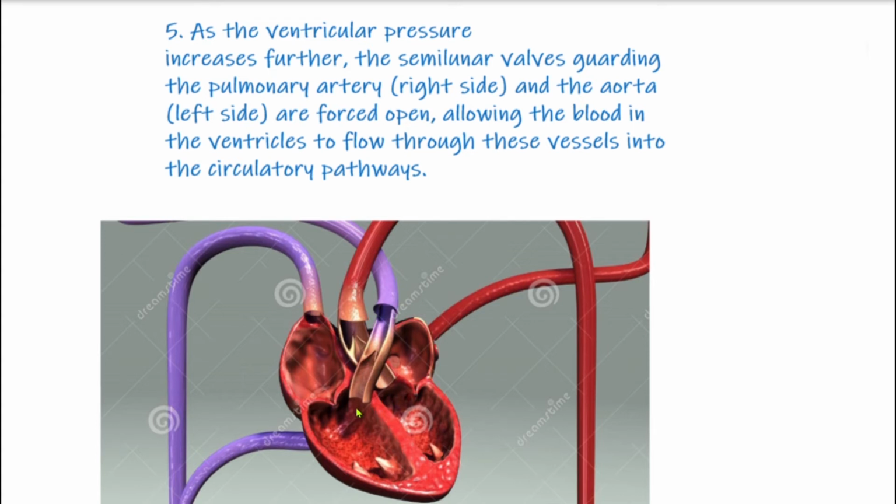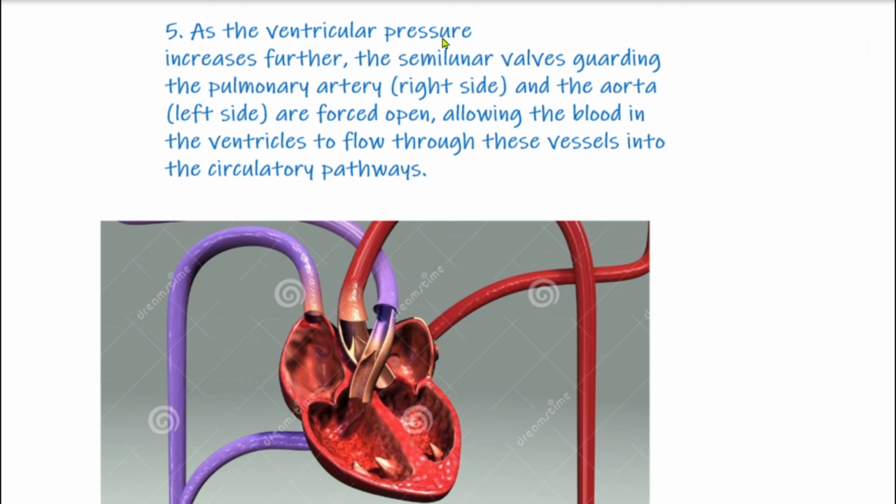So a time will come when intraventricular pressure inside the ventricles becomes higher than the corresponding arteries, and the semilunar valves are forced open, and that blood will push over the valves to open those valves. So now the semilunar valves will get opened up, and blood will start flowing from ventricles to the corresponding arteries, from left ventricle to the aorta and from right ventricle to the pulmonary artery.